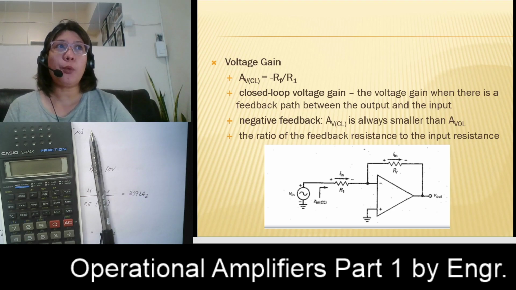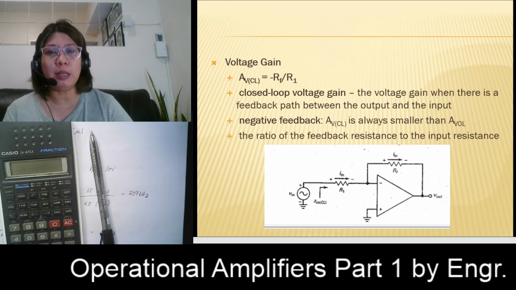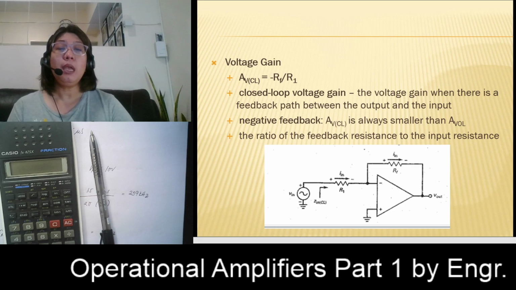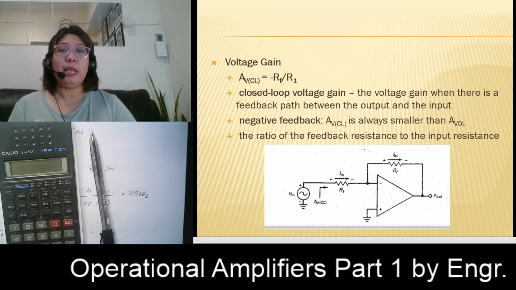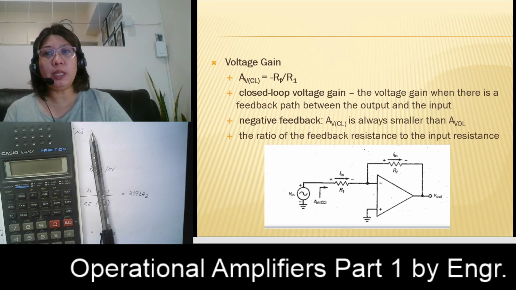Our usual value for a 741 is 100,000, but this is no longer equivalent to 100,000 because there is already a loop in the form of our RF. The closed loop voltage gain is the voltage gain when there is a feedback path between the output and the input. So how did we arrive at negative RF over R1 here?